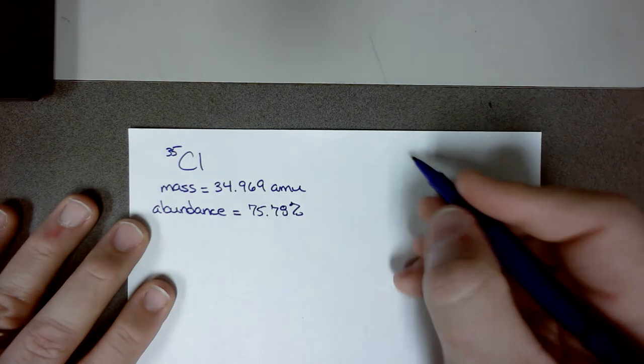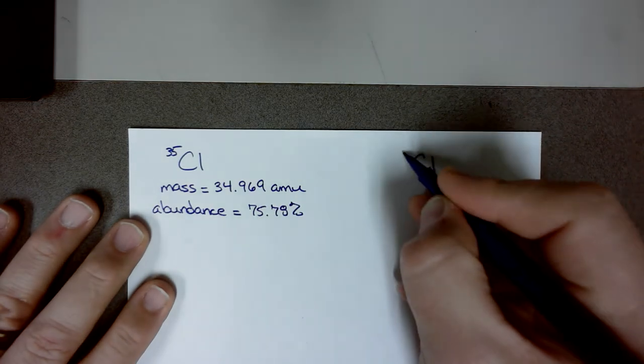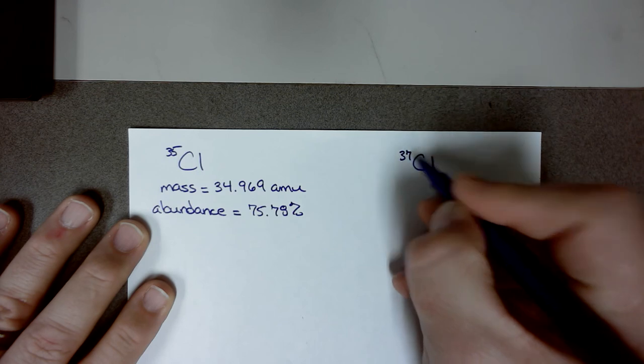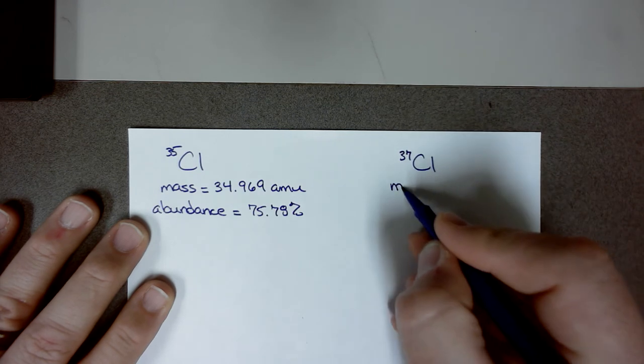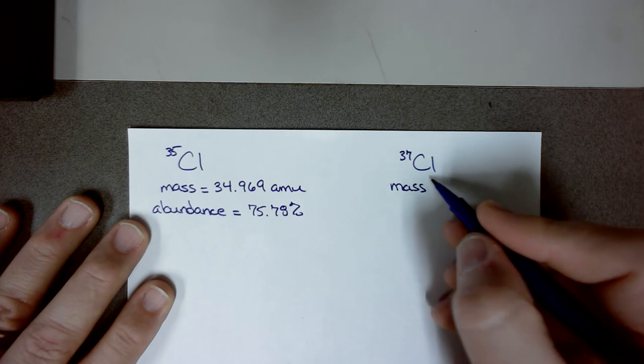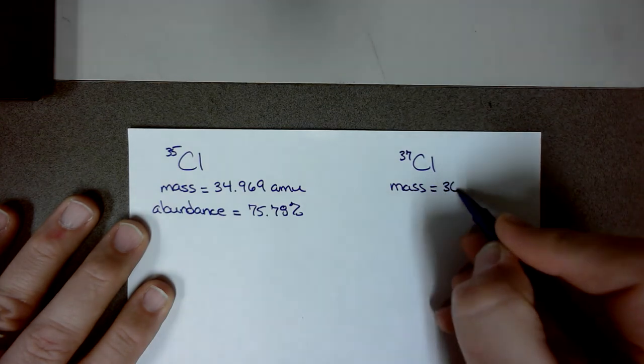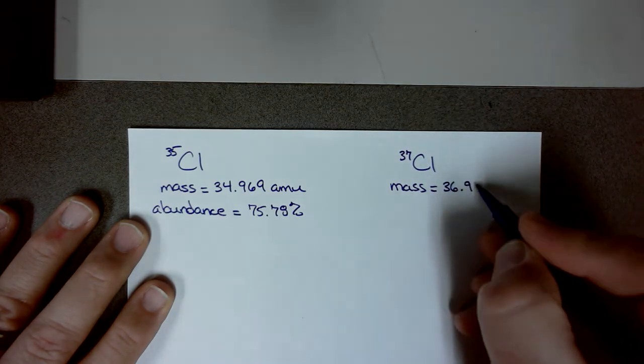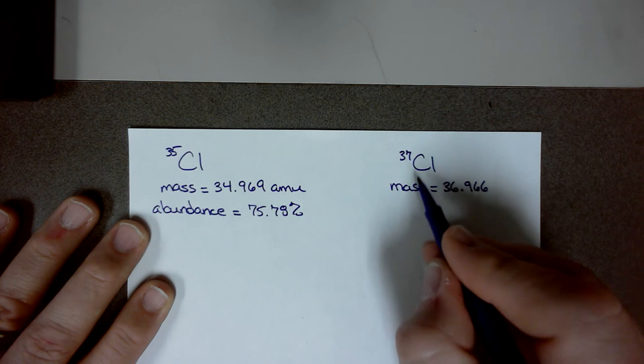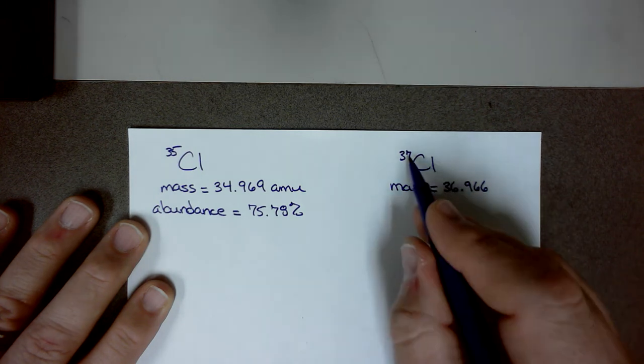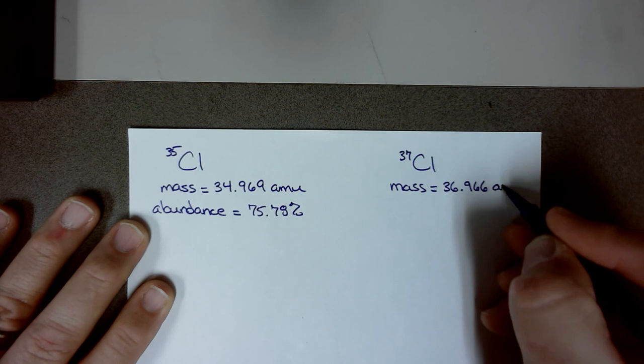And then chlorine 37 has an isotope mass equal to 36.966. So it's slightly smaller, but if you round that, that'd be 37 AMUs.